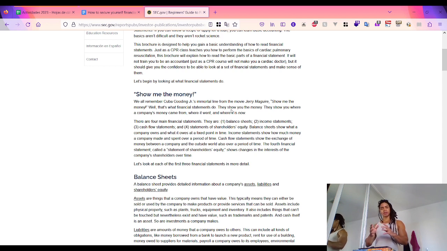EPS is also reported, and it indicates how much money a shareholder would receive if all the company earnings were distributed. Companies almost never do that; in fact, they reinvest it in their business. EPS stands for earnings per share.